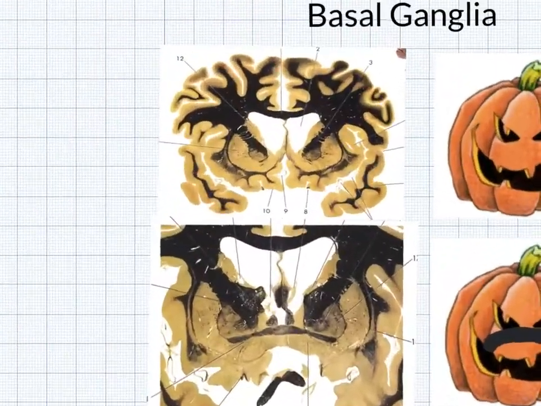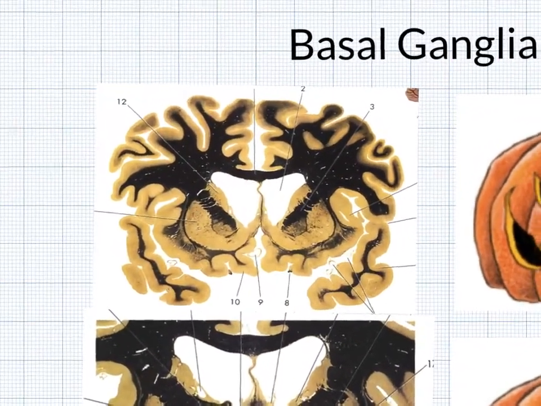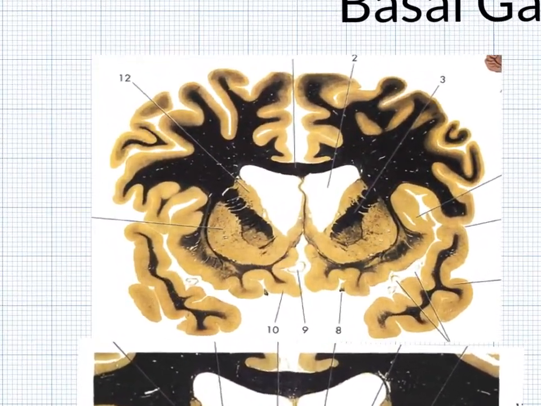So when we're looking at this very anterior cut that looks kind of like the jack-o'-lantern, there are a few things that I'll point out. We know that this is the corpus callosum. We know these are the lateral ventricles. This is the septum pellucidum. And then in the lateral wall of the lateral ventricle, we have the caudate nucleus, which is a part of the basal ganglia.